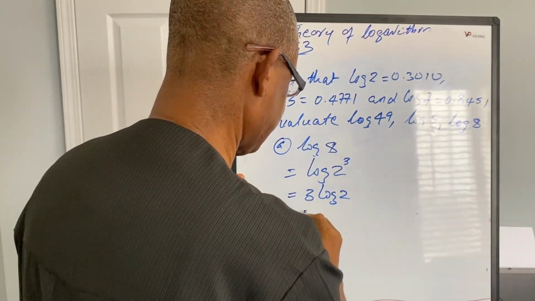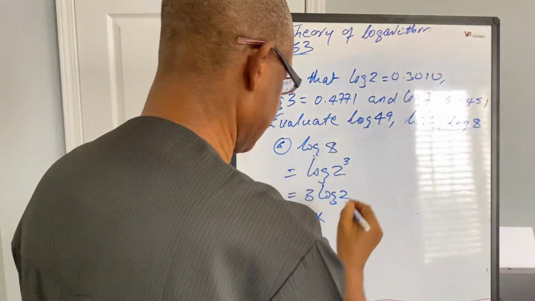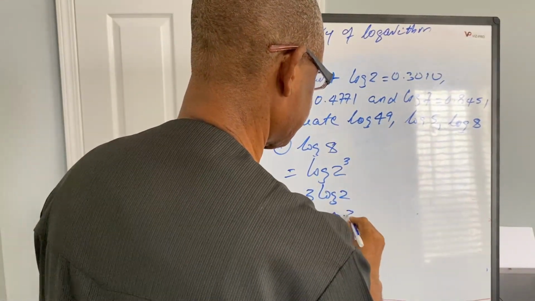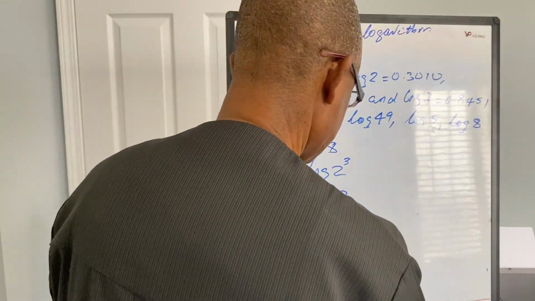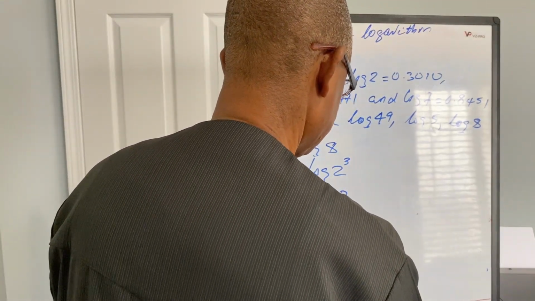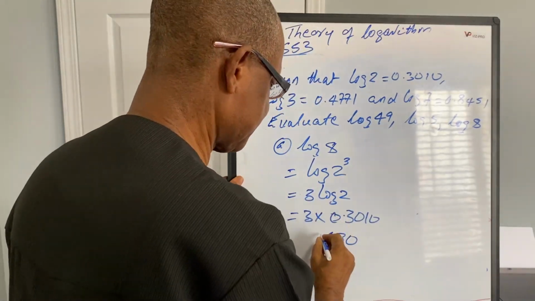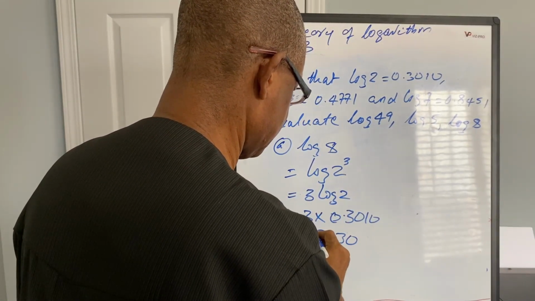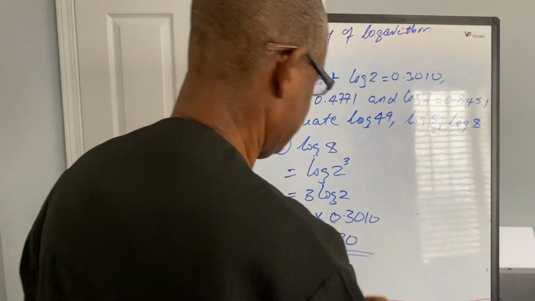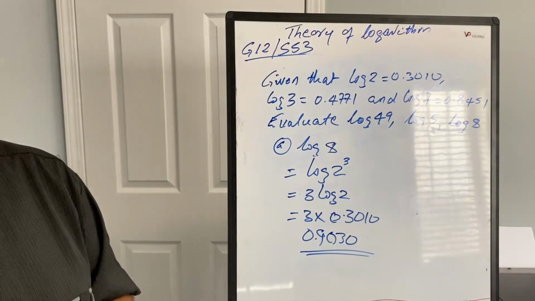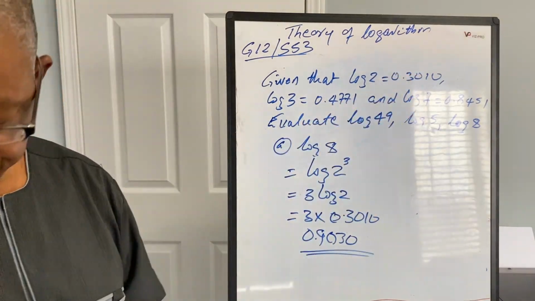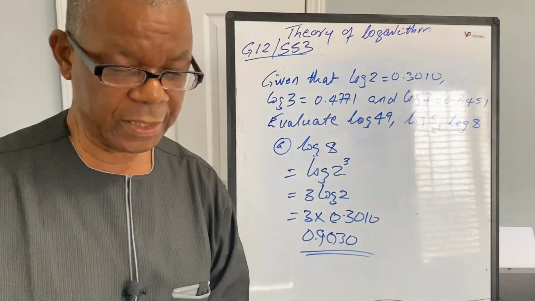So this will give us 3 times the value of log 2 already given, 0.3010. 3 times 0 is 0, 3 times 1 is 3, 3 times 0 is 0, and 3 times 3 is 9. 3 times 0 is 0. We have evaluated this. So this is the value of log 8 using the given log values.